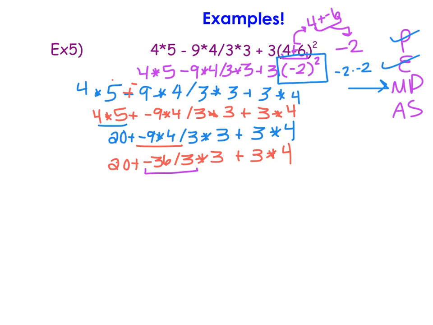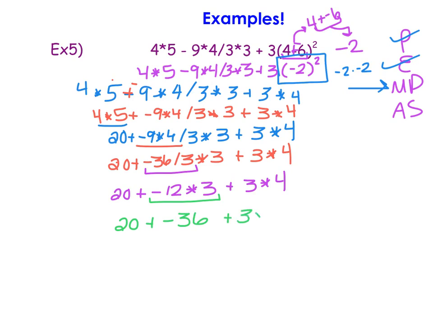Then we see our next multiplication or division, negative 36 divided by 3. That becomes negative 12. Then our next multiplication or division we see is negative 12 times 3, which is a negative 36. And then our last multiplication here is 3 times 4, which is 12.